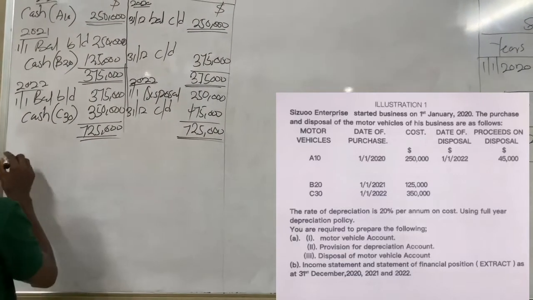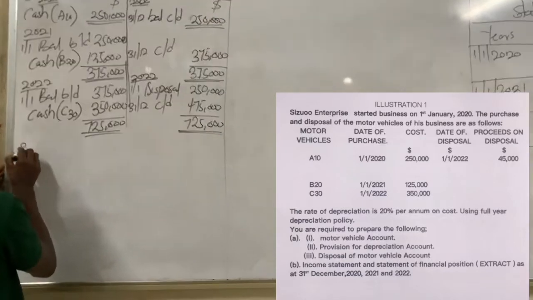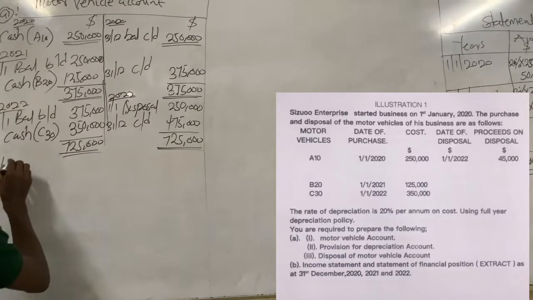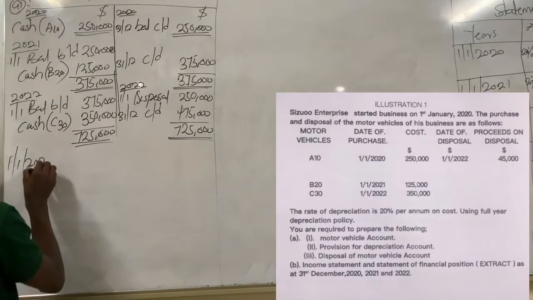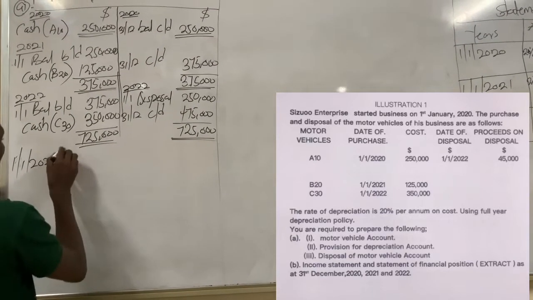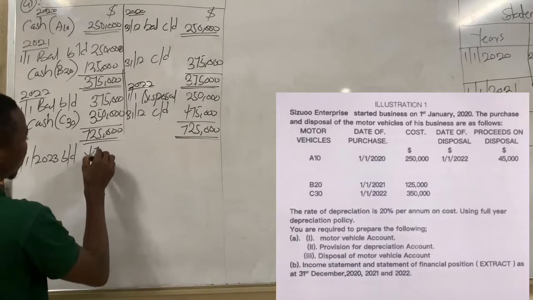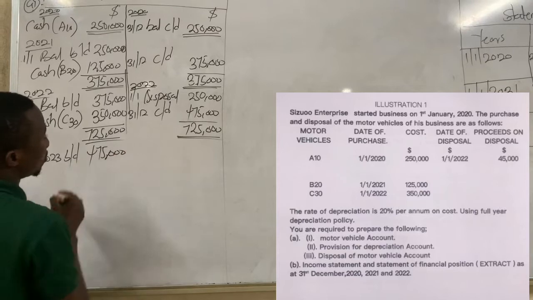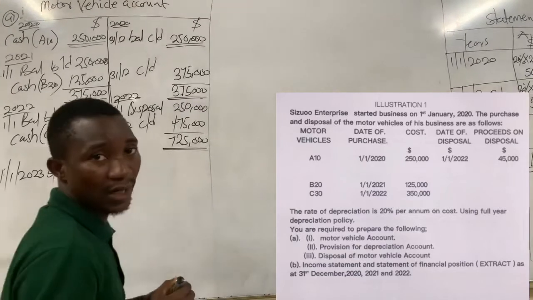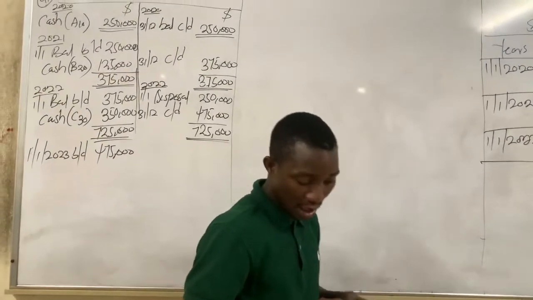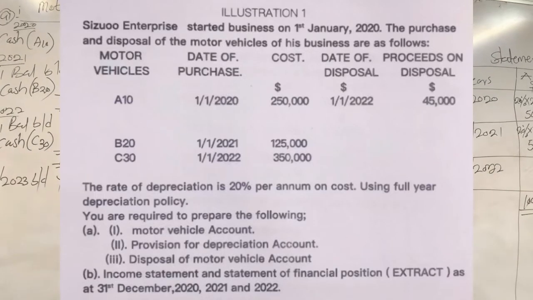So that will be in a subsequent year, 1st January 2023. The balance brought down will be 475,000. So we are done with the motor vehicle account. Is that okay? That is the I part.